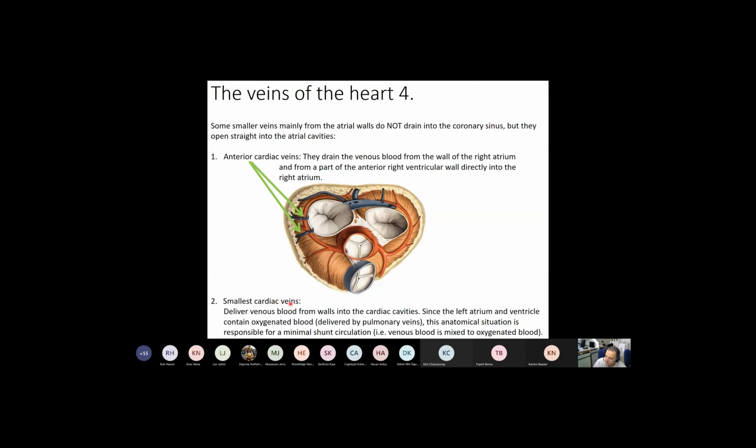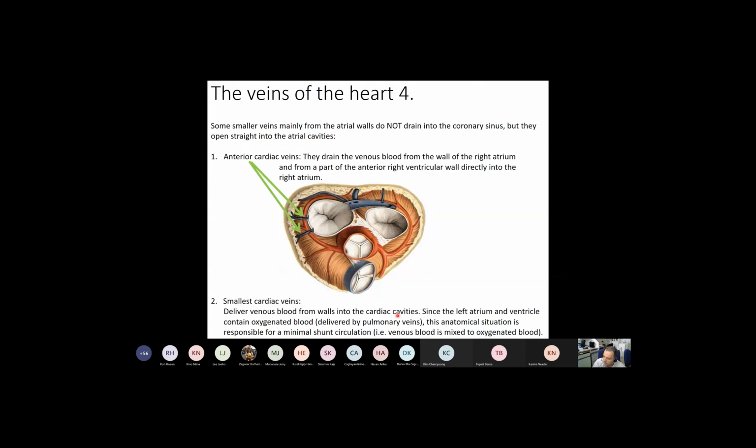And considering that the left ventricle and the left atrium have oxygenated blood inside, that means that some venous blood is always mixed into the arterial blood in the left ventricle and in the left atrium, and therefore there is some kind of shunt circulation here, and that is why the oxygen saturation of the blood is usually not 100%, because a small amount of venous blood is mixed into the arterial blood in the heart. That's related to the cardiac venous drainage.